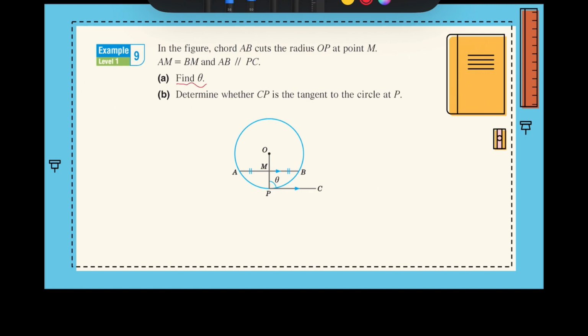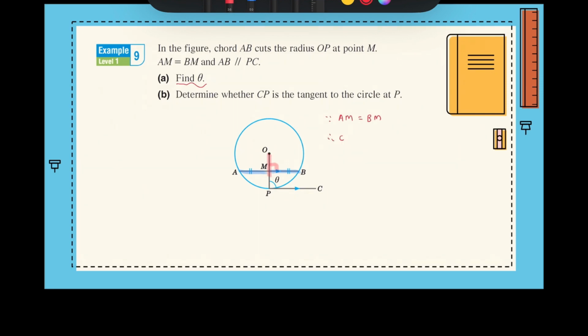So what do we know about theta? Look at the information you have first. Here you have these two lines with the same length, AM and BM. If they are the same length, we can say that OM is perpendicular to AB.